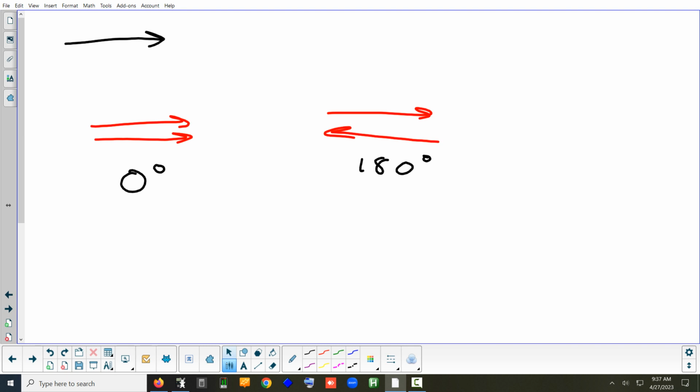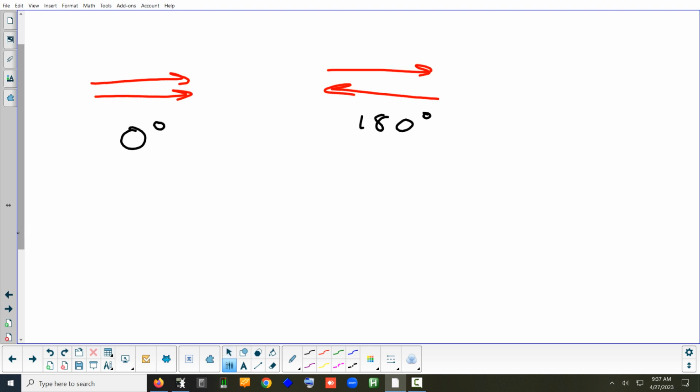So let's see if there's a shortcut, if we can figure out if the angle is 0 or 180 as quickly as we could do perpendicular. Let's try. If the angle is 0, we know that they are parallel. They're pointing the same way. That means you'd have 0 degrees on the left-hand side of your formula.